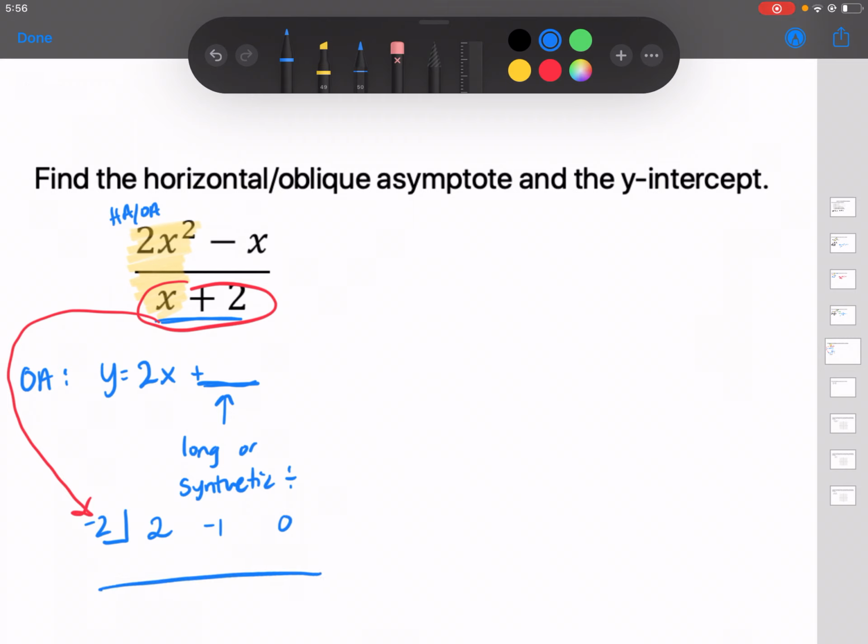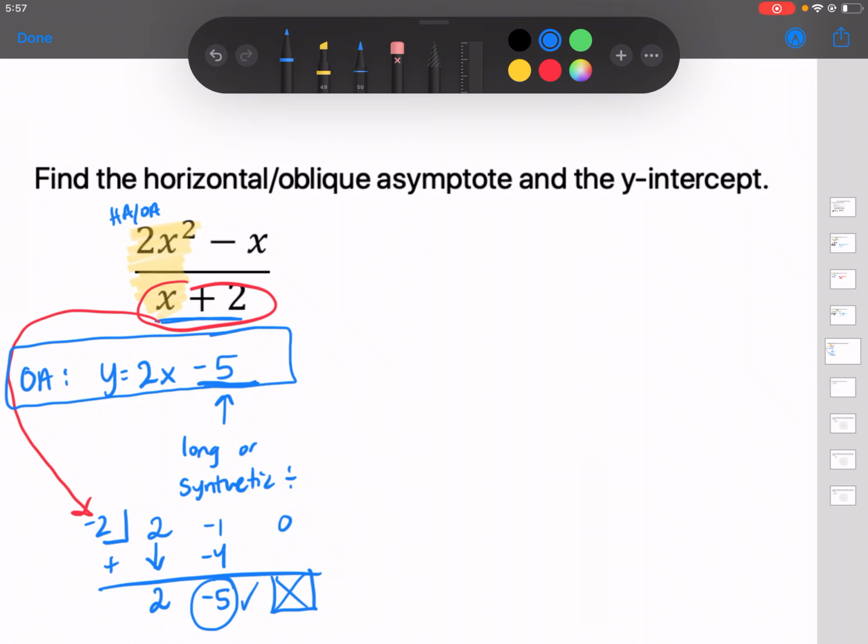And we're going to drop that 2 down. 2 times negative 2 is negative 4, and we'll add. It's negative 5. We don't care about the remainder, so once I get to this, I'm done. And I will change that to a minus 5, and that will be our answer.